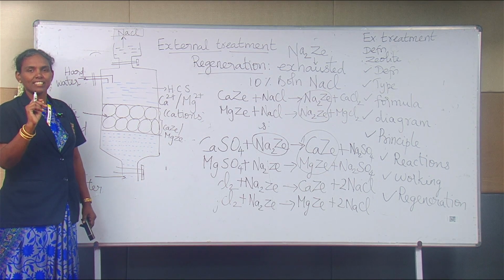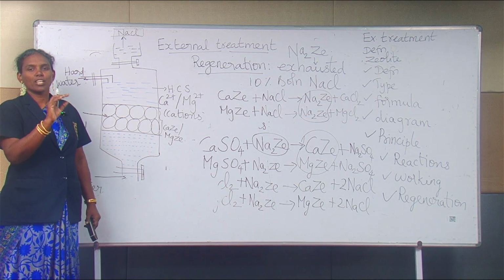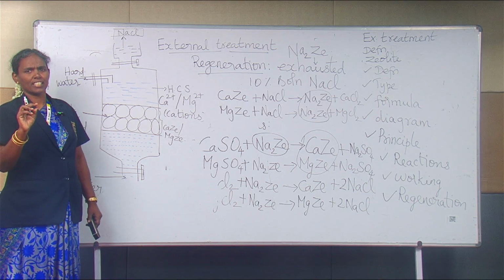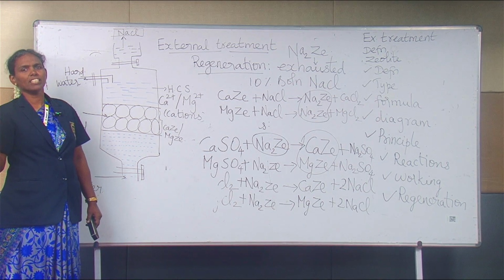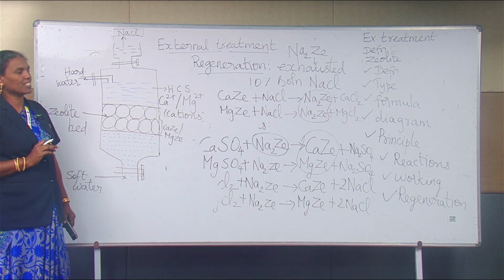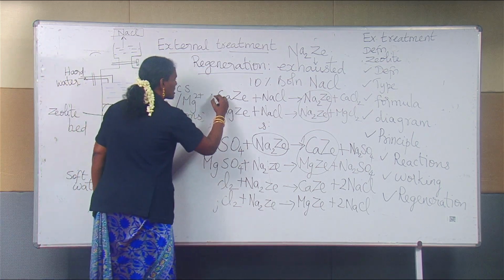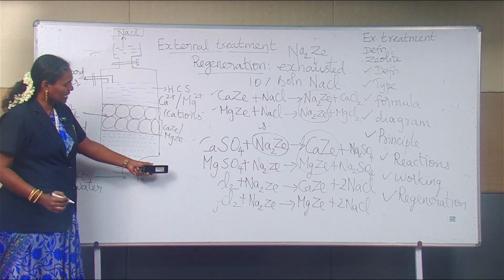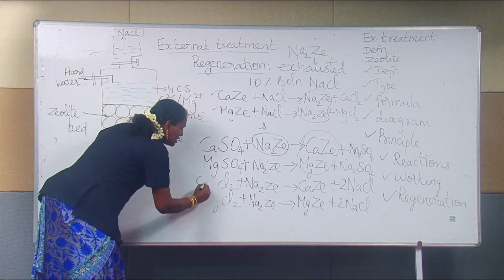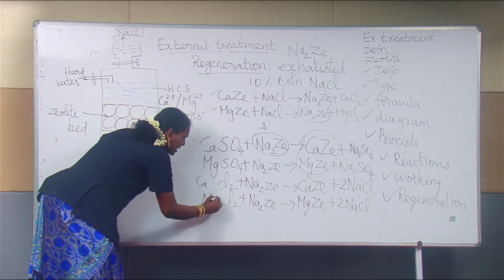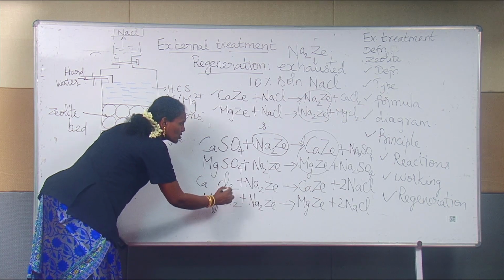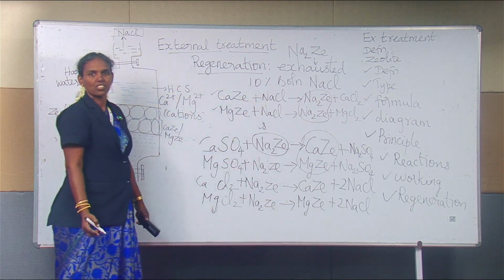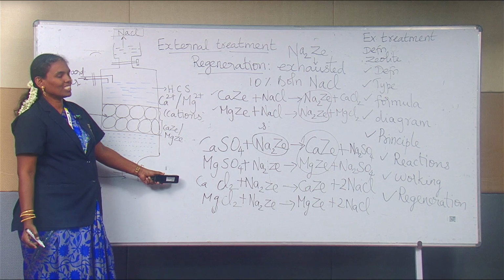At least you have to write that the sodium zeolite bed is regenerated by a 10% solution of NaCl. The equation is a must. We already have calcium chloride and magnesium chloride, so the right side becomes the left side. Up to this, regeneration is over.